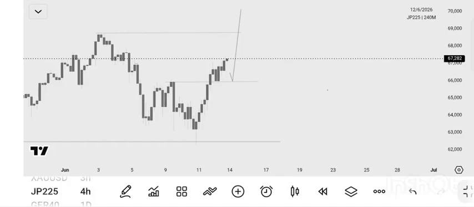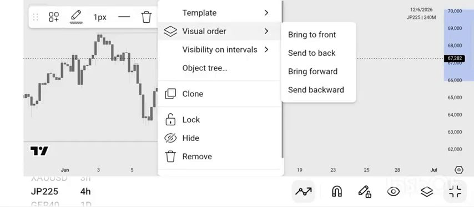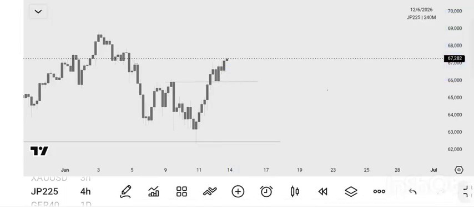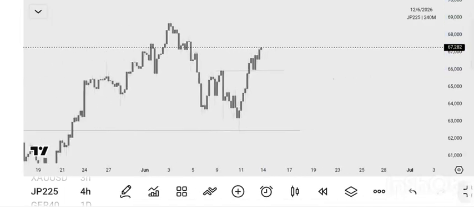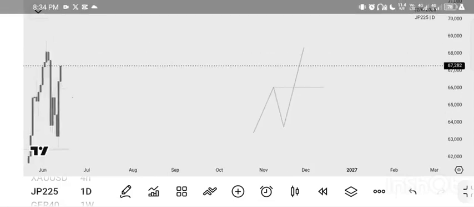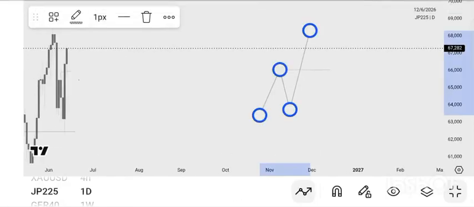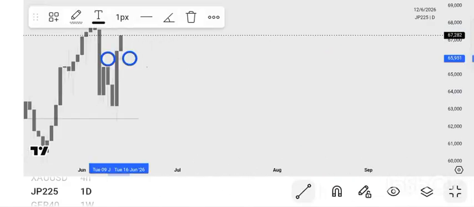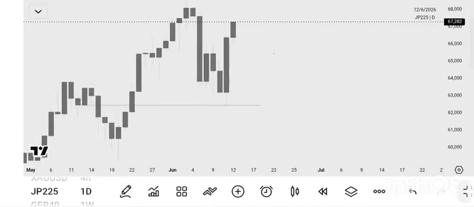All right, so now let's deal with last week. Let's see what trade we would have caught. Now let's go to the daily time frame. On the daily time frame last week, we had a breakout. Forget about these candles now.